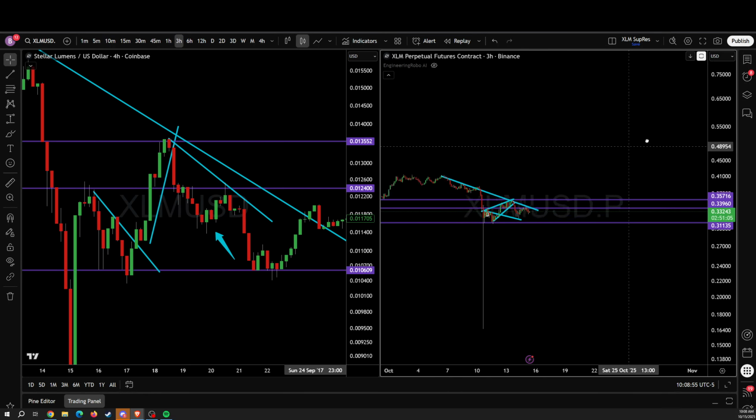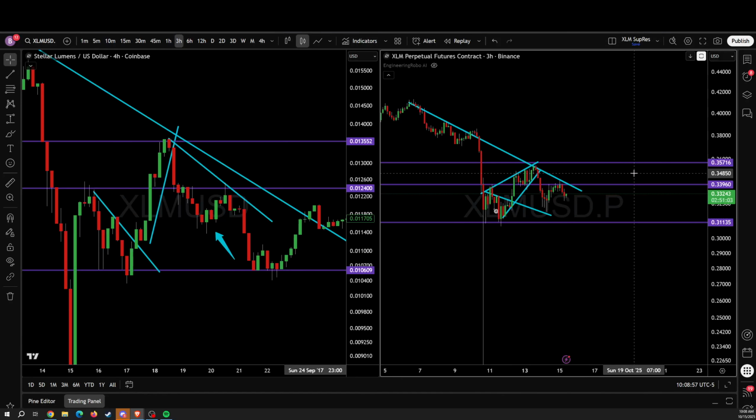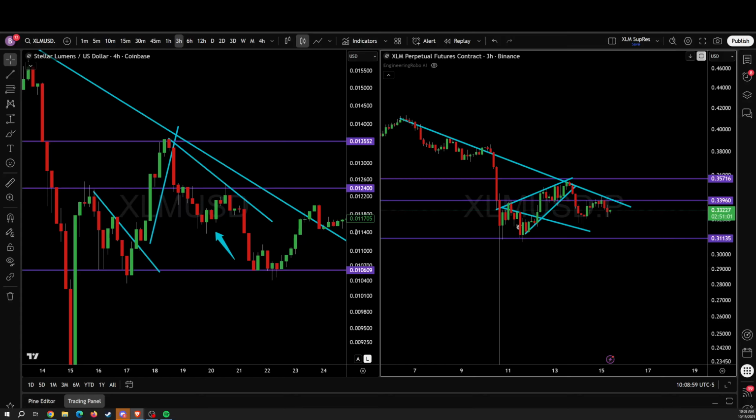Excuse the lines, don't really pay attention to those, but basically on this chart over here from 2017, we're somewhere in here, and I'm expecting it to come down to here around 30 cents, and then we're going to start moving up, and then it may dip one more time and then pump. That's why I think we got about a week or two left, probably more like 2 weeks before the real pump happens, because we still have to chop just a little bit, but I still feel good about it.